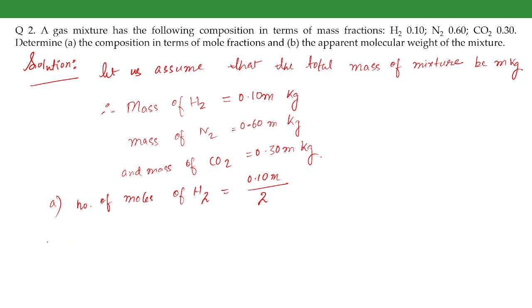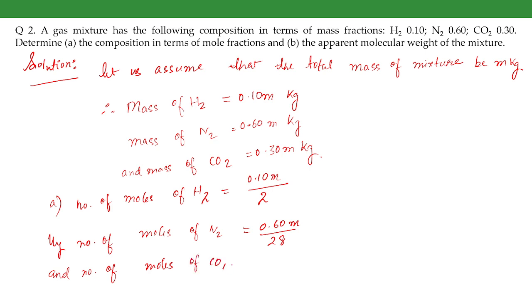Similarly, the number of moles of nitrogen is 0.60 m by 28, and the number of moles of carbon dioxide is 0.30 m by 44. 44 is the molecular mass of carbon dioxide. Okay, then from this number of moles, let us determine the total number of moles.